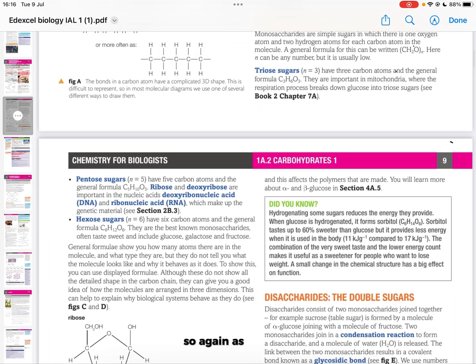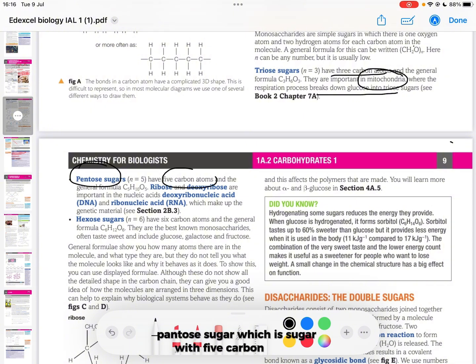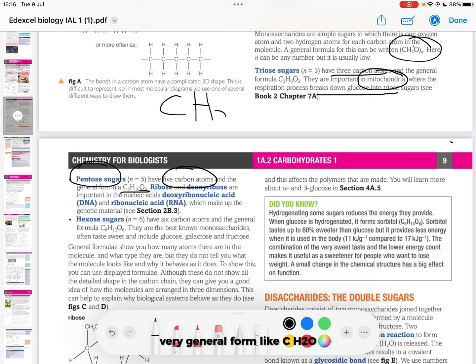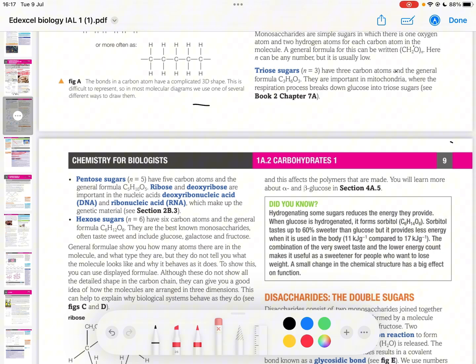So again, triose sugar means sugar with 3 carbon atoms, and they are important in mitochondria, where the respiration process breaks down glucose into triose sugars. Pentose sugar, which is sugar with 5 carbon atoms, has the general formula with the 5. And as we know, the very general formula is CH2O. So when the C is 5, 5 times 2 is 10, and O is 5. Correct.